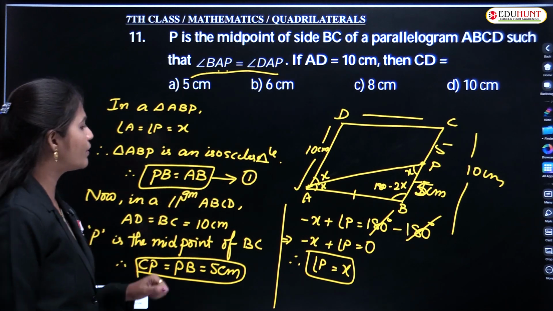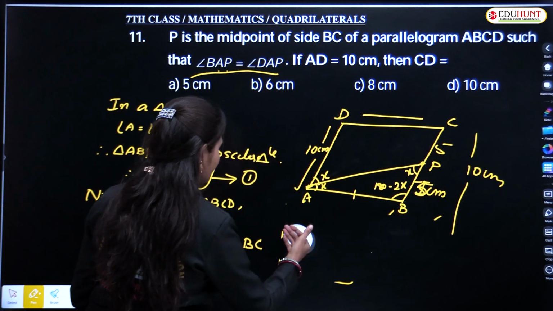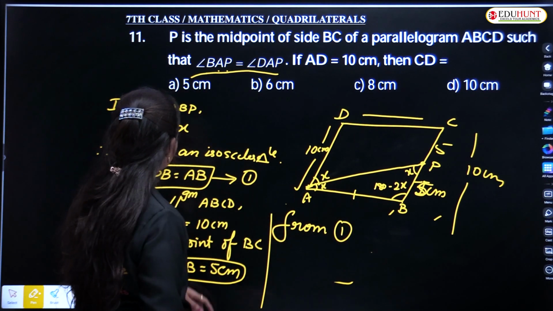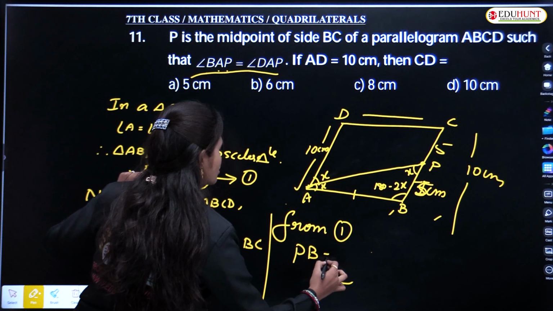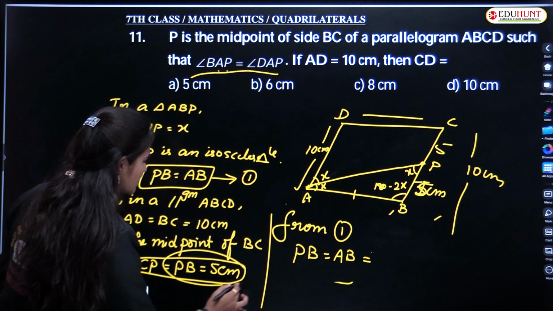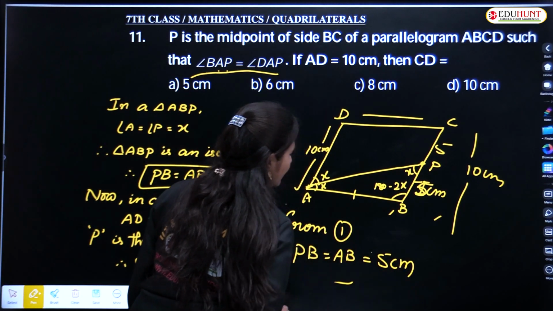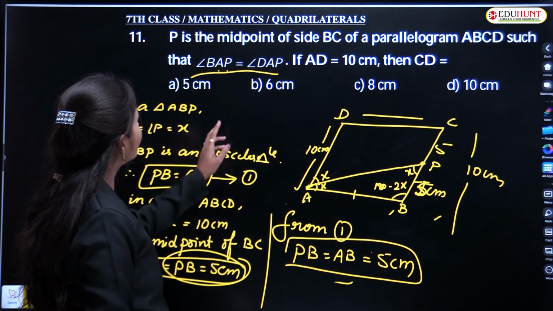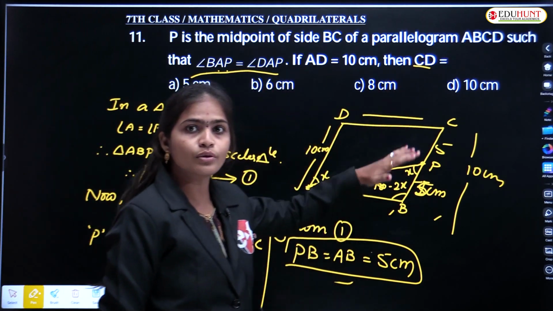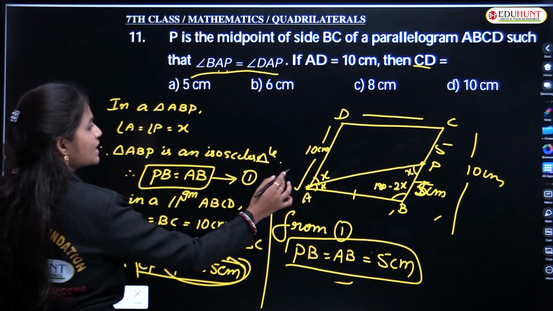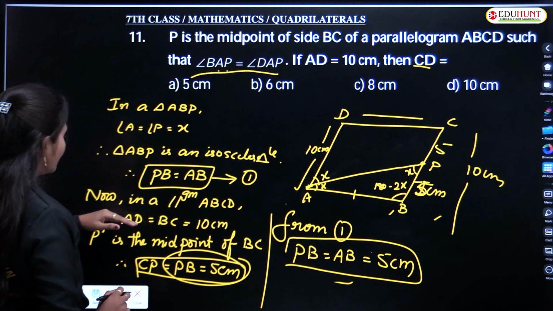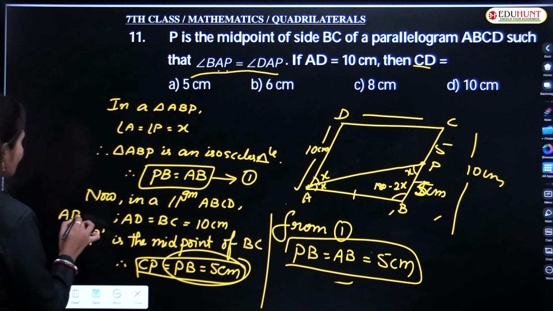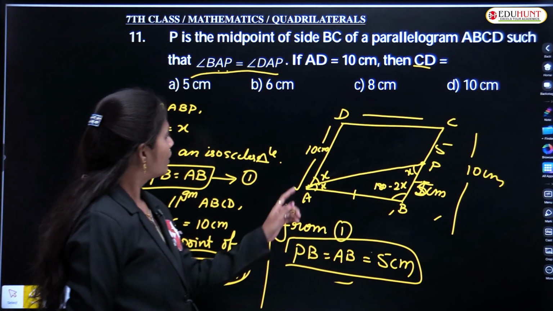From equation number 1, PB is equal to AB, and PB is 5 centimeters, so AB is equal to 5 centimeters. What they are asking is the measurement of CD.